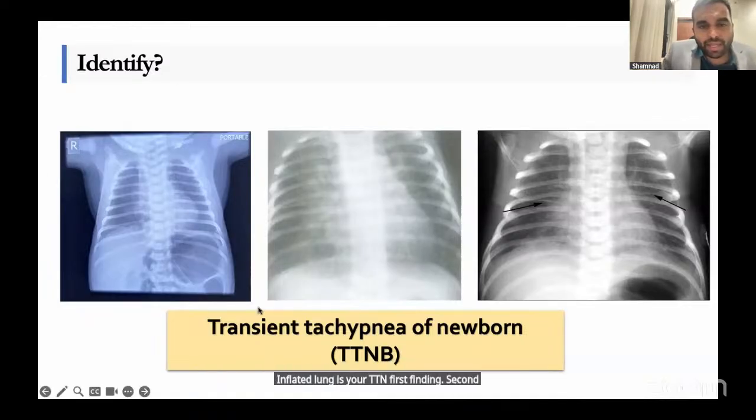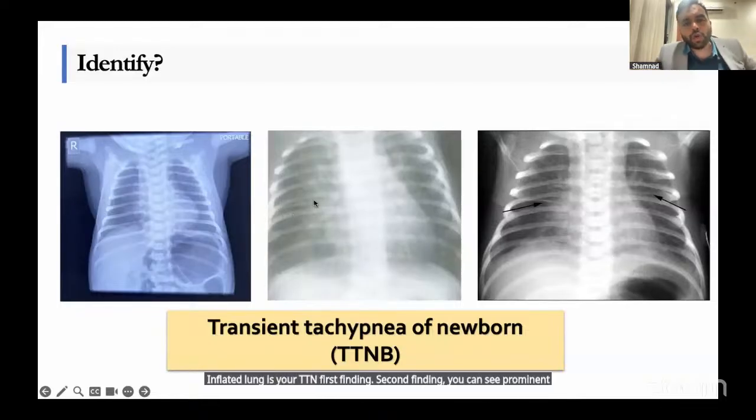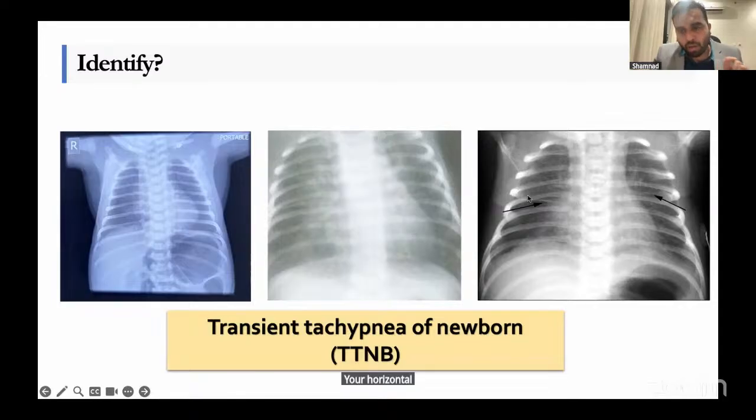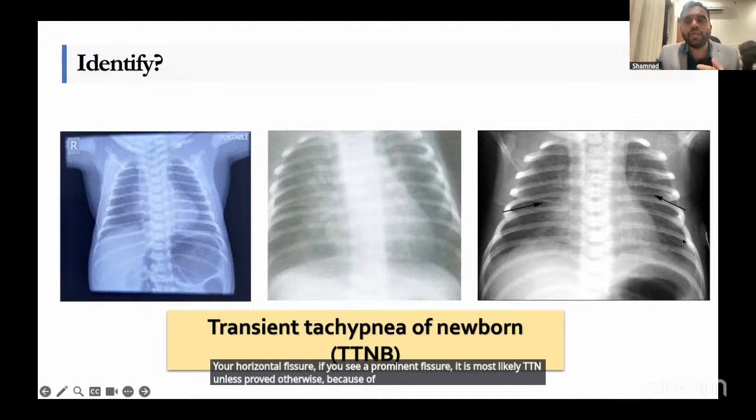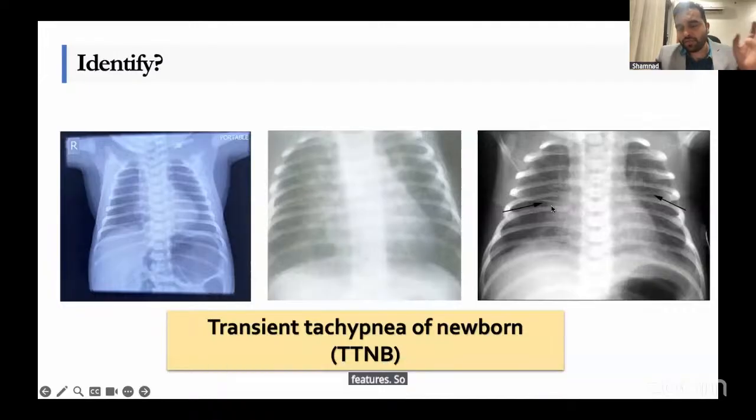Second finding, you can see prominent fissures, your horizontal fissure. If you see a prominent fissure, it is most likely TTN unless proved otherwise. Because of the retained lung fluid, you can see these prominent fissures.